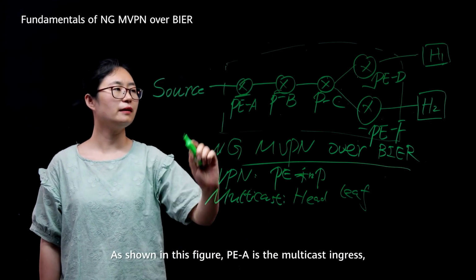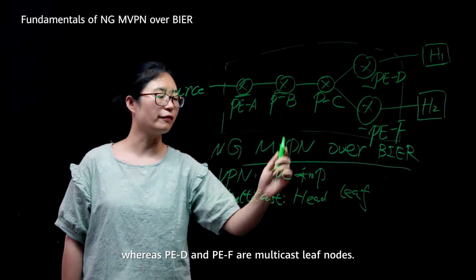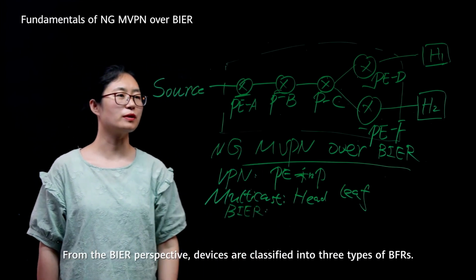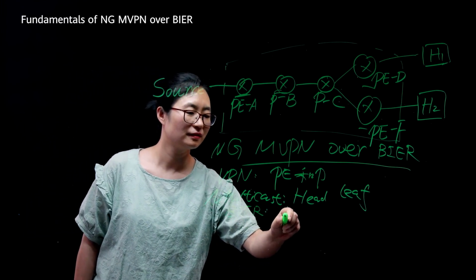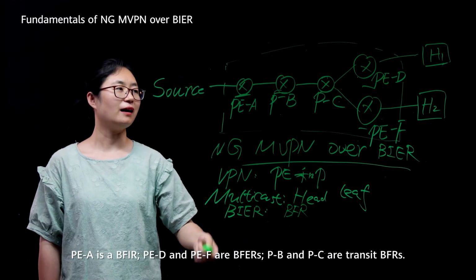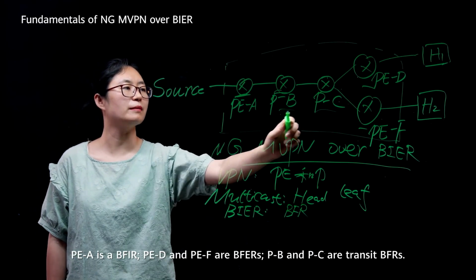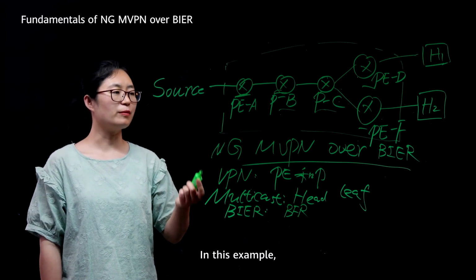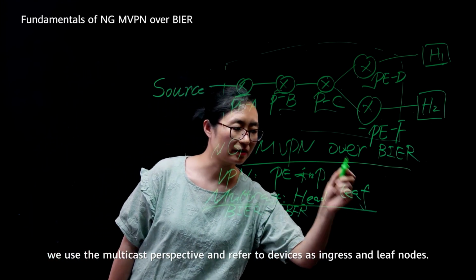As shown in this figure, PE A is the multicast ingress, whereas PE D and PE F are multicast leaf nodes. From the BIER perspective, devices are classified into 3 types of BFRs. PE A is a BFIR. PE D and PE F are BFERs. PB and PC are transit BFRs. In this example, we use the multicast perspective and refer to devices as ingress and leaf nodes.